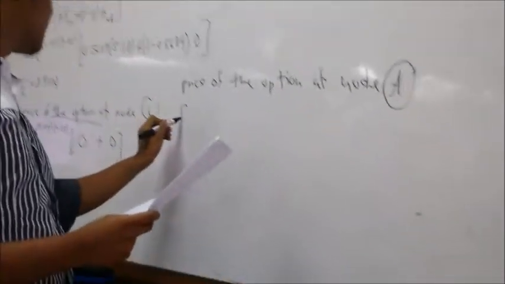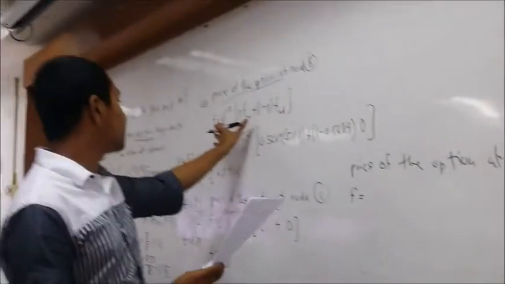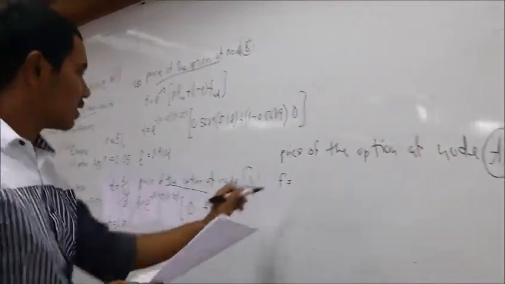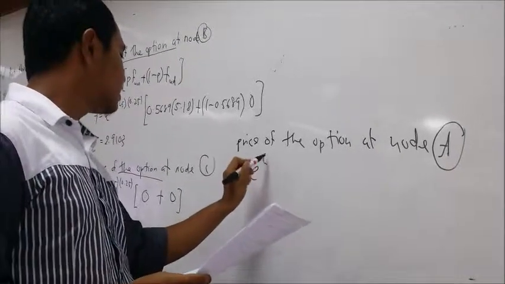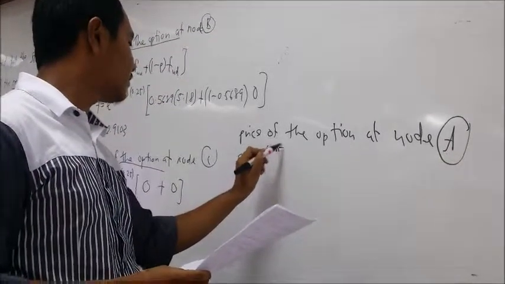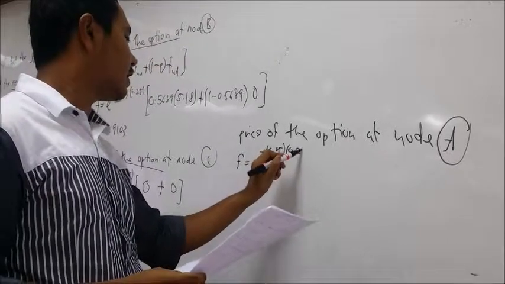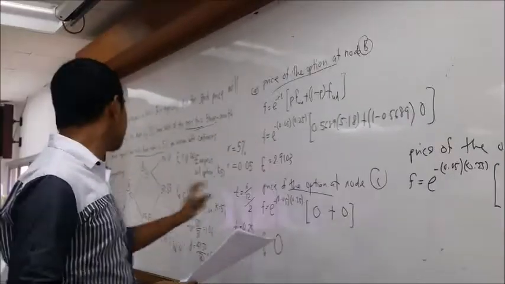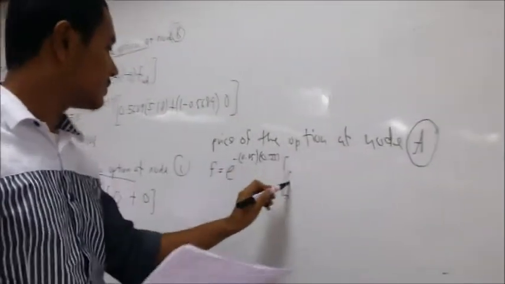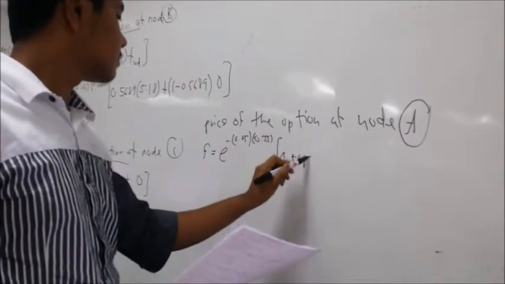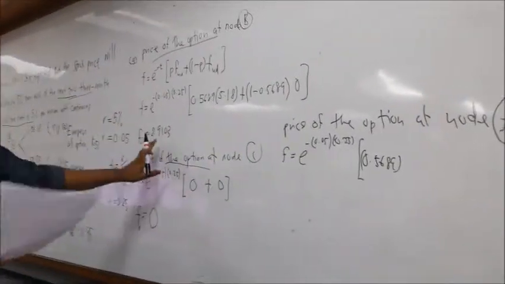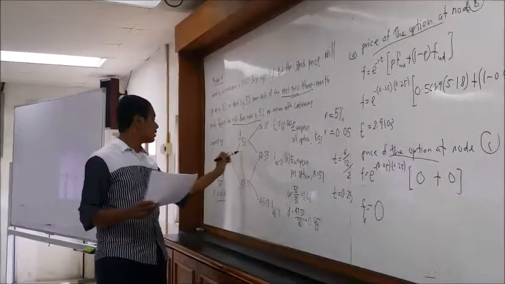Use the same formula, just plug it into this, with FU and FD, exponent into 0.05, 0.25, P, our P is 0.5689, and our FUU becomes this, because we already get the FU here.